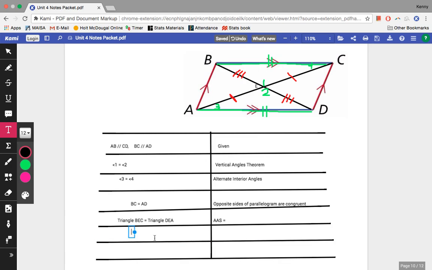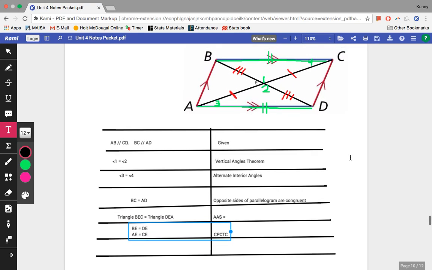So I'm going to say BE is congruent to DE, saying that this line is congruent to this line, and I'm saying that AE is congruent to CE by none other than, you guessed it, CPCTC. So by saying these two lines are bisected, or that they're congruent, my proof is actually done here.